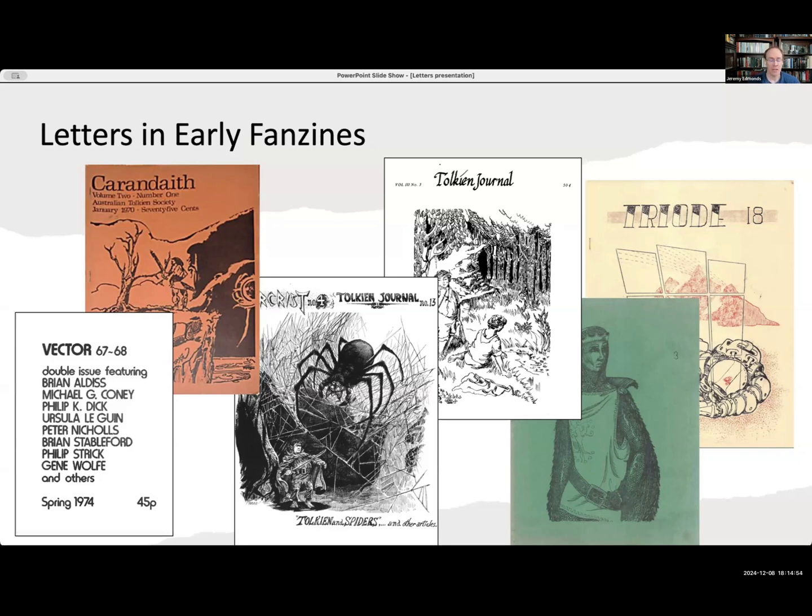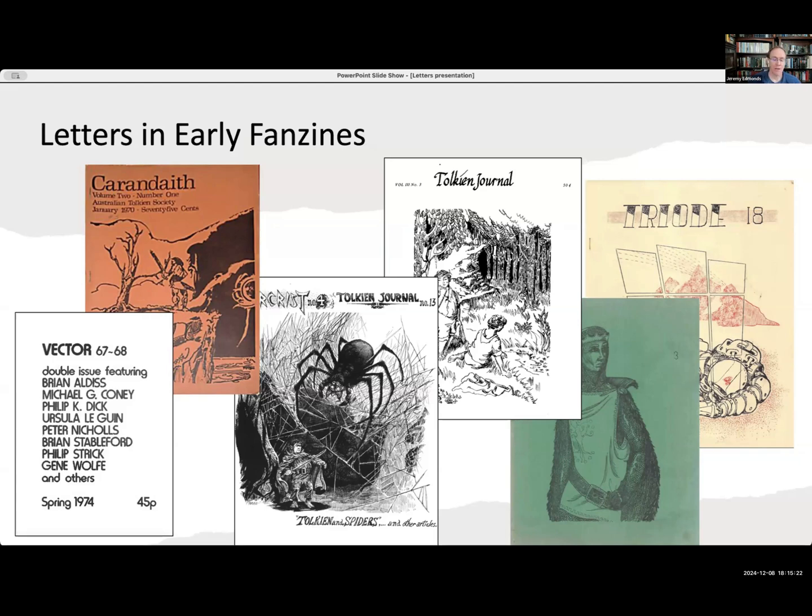But there were multiple letters or extracts from letters that Tolkien included in Tolkien Journal because he corresponded with the founder, Dick Plotz. We know of 7 letters that Dick saved that he received from Tolkien. So it was a long-lasting relationship that the two had, and there were some personal letters in there as well that did not get published in the journal.